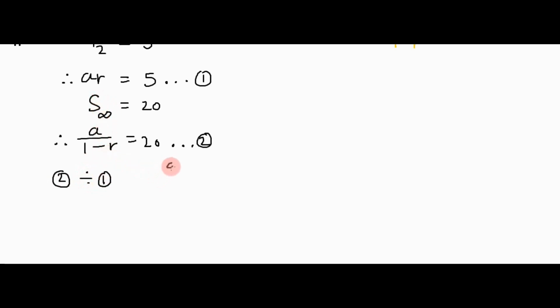So it's going to be a over 1 minus r, all divided by ar. And ar I'm going to write as ar over 1, equals 20 divided by 5.